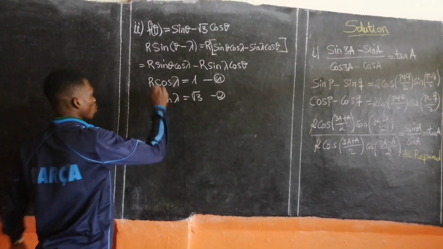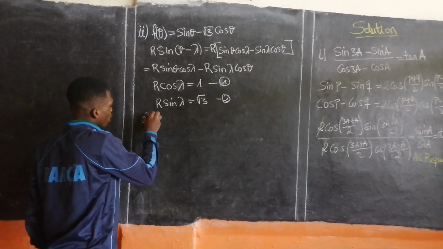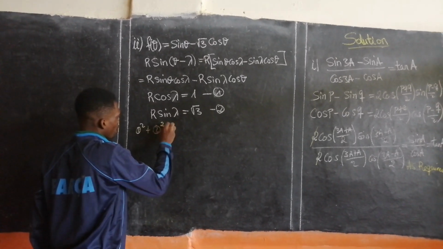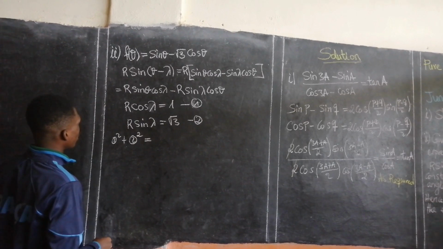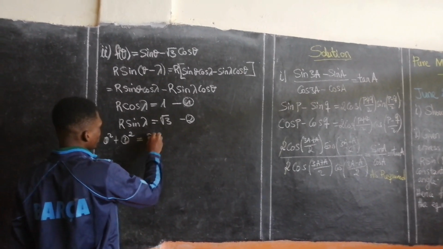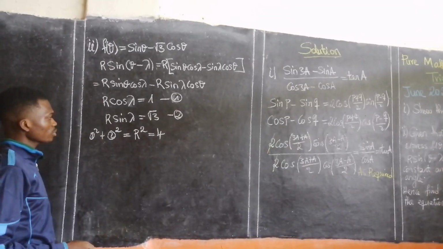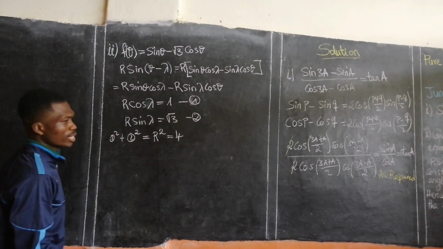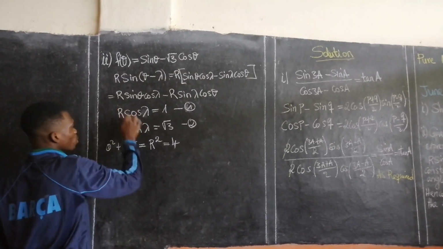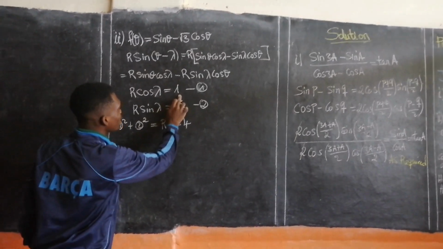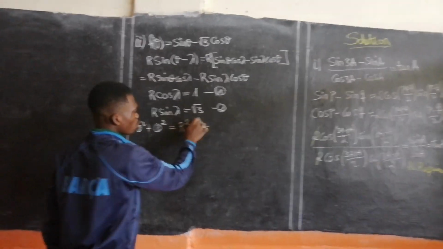Now, what do we need to do? First and foremost, we square equation 1 and square equation 2 and add them. If you square equation 1, you have r squared cos squared lambda equal to 1. And here you have r squared sine squared lambda equal to 3.